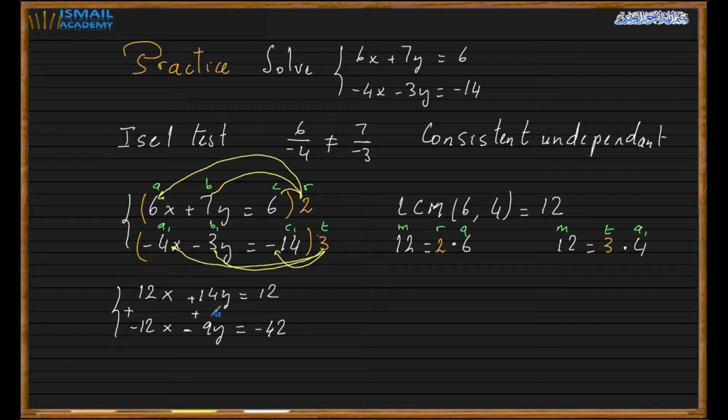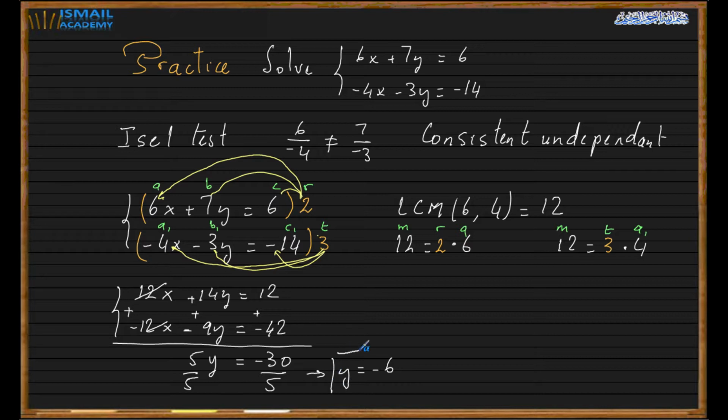So the x will cancel out. Here I will have 5y, and here I will end up with minus 30. I solve for y because this is a one step linear equation, so I divide by 5 both sides. So my y will be minus 6.